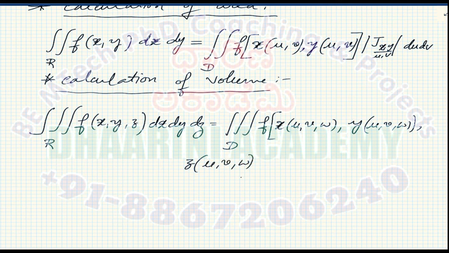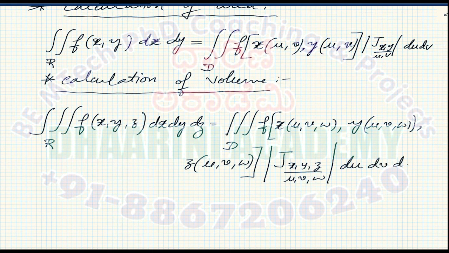Now I need to write the determinant of the Jacobian, which we write as partial of x comma y comma z over u comma v comma w, multiplied by the variables of integration. We have three variables we are going to replace: du dv dw.